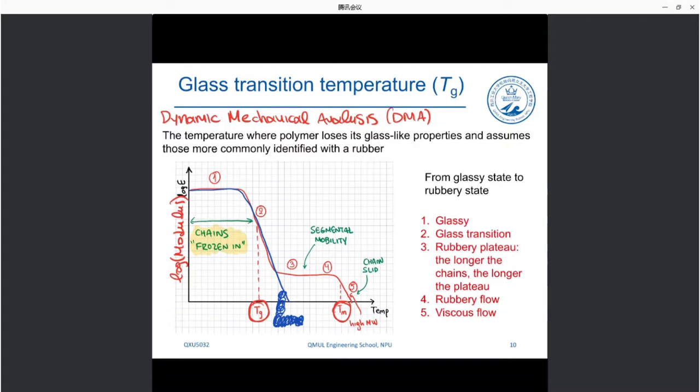Up to this point, the chains are generally frozen. Okay, we can also say that the chains are mainly frozen in this region, but okay, it doesn't really matter. That's why we say the glass transition is a region. Okay, it's not an absolute value.